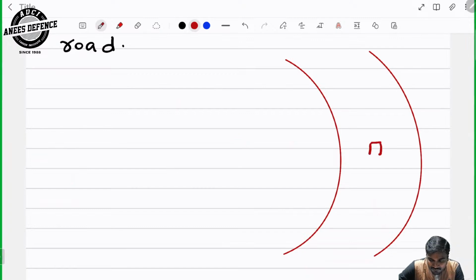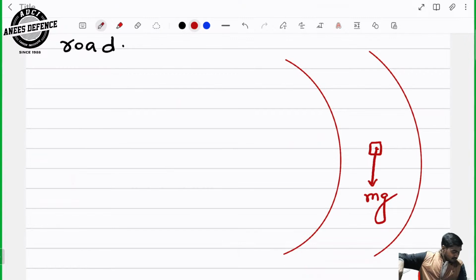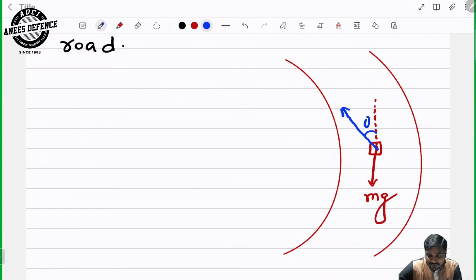Consider here is the cyclist. Okay. Here is the cyclist. The mg will act in the downward direction. Yes or no? Yes. And during turning, that cyclist will rotate his body by some angle. So from the vertical, the position of that cyclist is at angle theta.